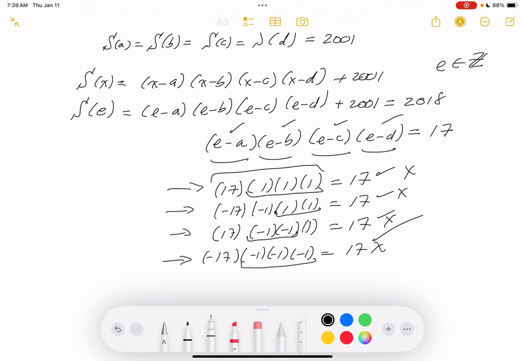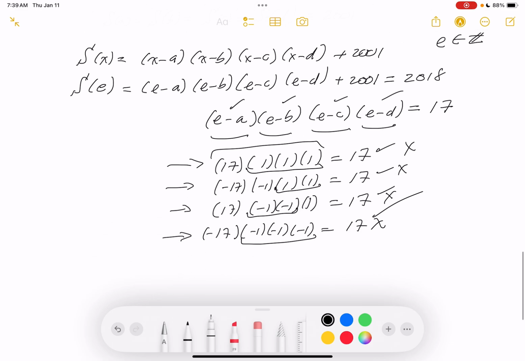So this one is part C, number 1. I just showed that this is not possible, given the condition that A, B, C, and D are distinct integers, and E is an integer. What do I mean by integer?